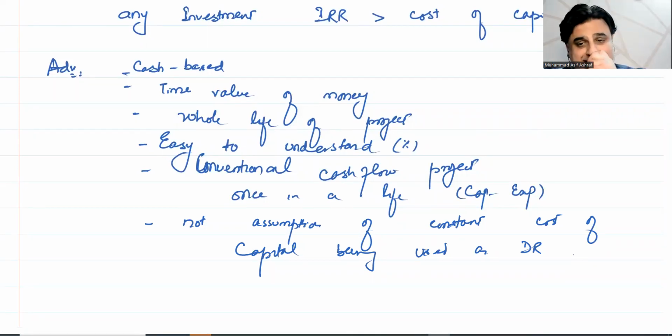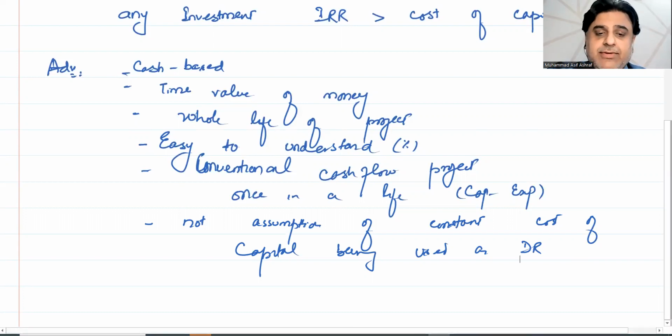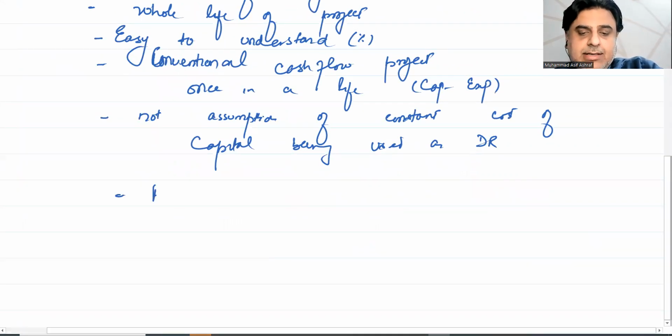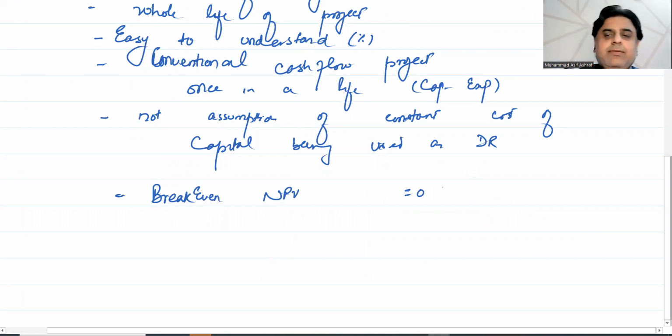For year five, it takes the same. Here, it is not the case. We are not using the discount rate here. We are actually finding out the rate which gives us the NPV of zero. This is called break-even NPV. Break-even NPV means the rate at which NPV would be 0.